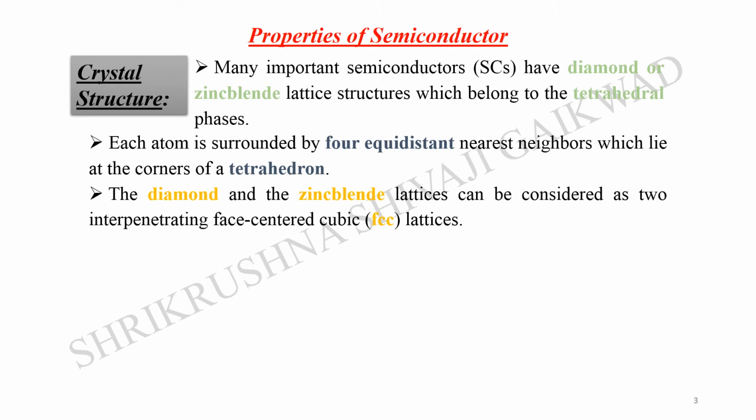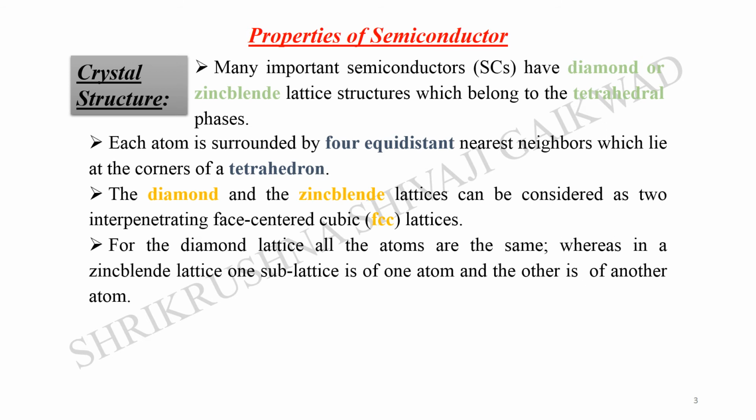Now within that unit cell there is one more FCC structure which is interpenetrated, and that we are going to see in the case of the diamond lattice or the zinc blende lattices here.